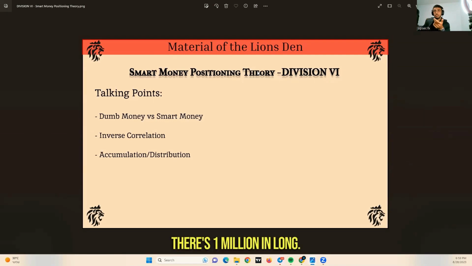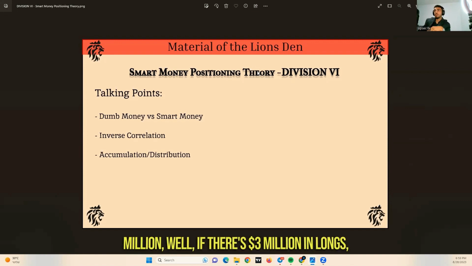There's 1 million in longs, so there's 1 million in shorts as well. If there's $3 million in longs, then there's open interest of $3 million. That is open interest. It's pretty much how many positions are open right now, unrealized.